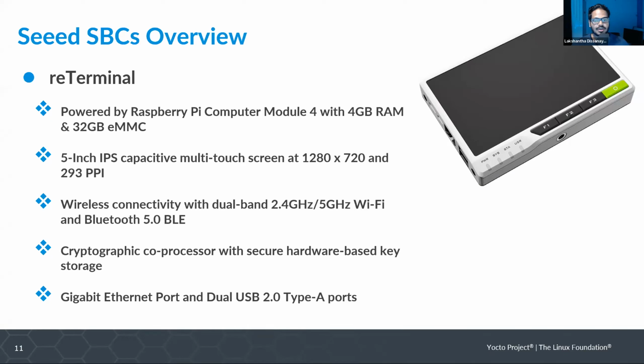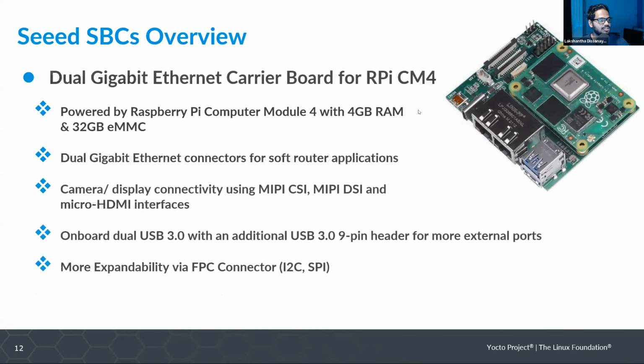Also, it has secure hardware-based key storage with a cryptographic core processor. The second board is also based on the Compute Module 4, and it is very suitable to use as a software router because it has 2 gigabit Ethernet ports. It has additional connectivity options as well, such as MIPI CSI, MIPI DSI, micro HDMI, and more.